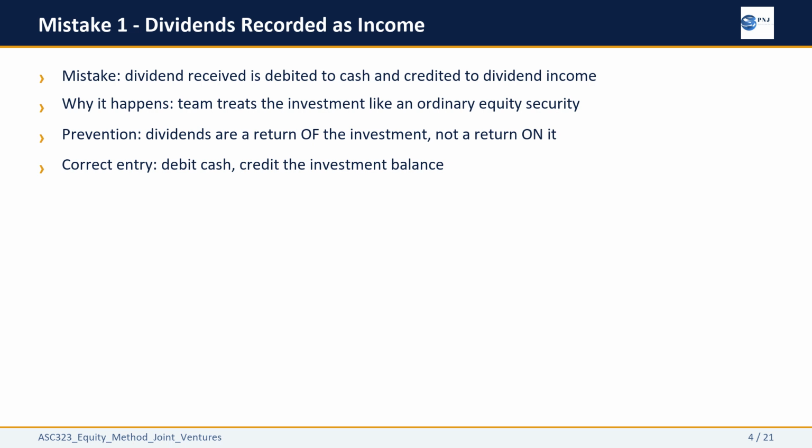You have already picked up your share of the investee earnings in the equity pickup entry. Receiving the dividend is just the investee distributing cash back to you, converting part of your investment balance into cash. The correct entry is debit cash, credit the investment account. If your team has been crediting income, that is an overstatement of both income and investment balance.